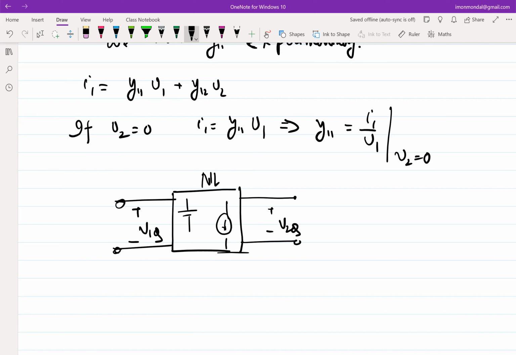Correct? So now, because I told you that Y11 is I1 by V1 when V2 equals 0, I go ahead and short this port 2 voltage. Am I disturbing something? What am I disturbing?